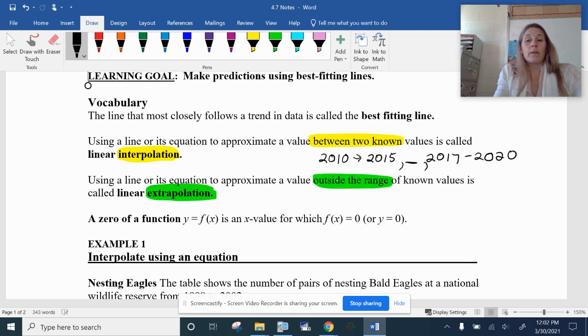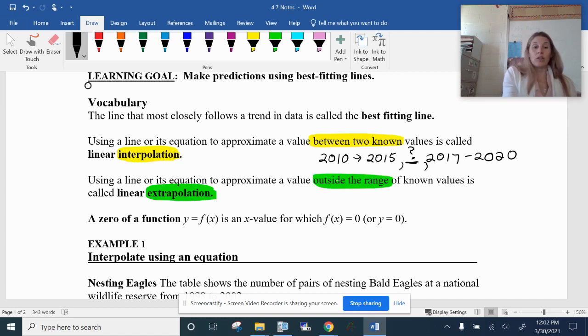Well, this year, right in here, if I want to make a prediction as to what that value was in 2016, even though we don't have the actual data, I can interpolate it because the line or the equation that I'm going to come up with is going to be based on stuff from before that year and also after. So it's something in the middle or in between known values that we have.